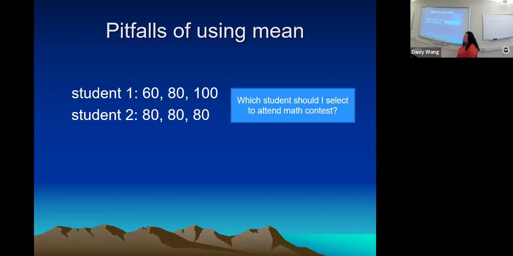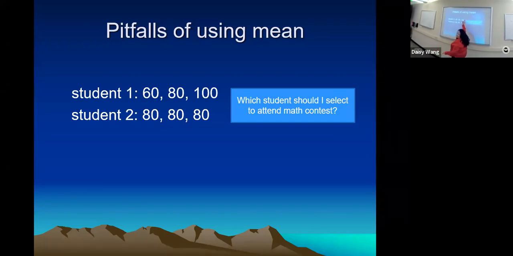How do you calculate that? 80. Yeah, each one is equal, like 33%, one third of the grade. So we just add 60 plus 80 plus 100 divided by 3. So it's 80, right? And this one, what's the average?